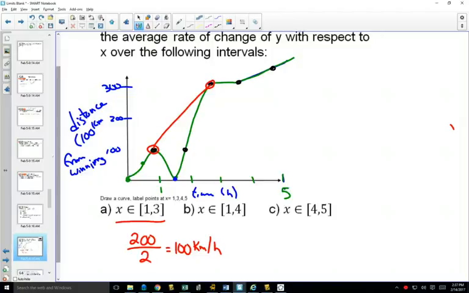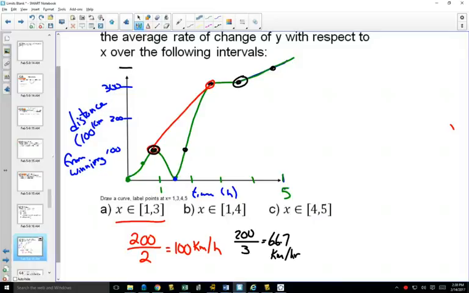Now, from 1 to 4, so I'll do that one in black. If you take this point at 1 and go to this point, 1, 2, 3, 4, that one, we're still traveling 200 kilometers only, but we've done it over 3 hours. So our average rate of change over that time is 66.7 kilometers per hour.